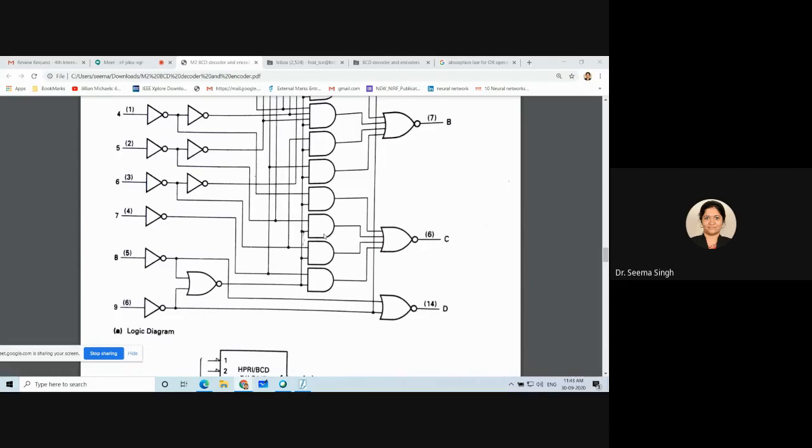In one D4, next D5, next D6, and next D7 was coming. So you can see that in this AND gate you are having D7, and in this AND gate you are having D6. This AND gate you are having D5, and in this AND gate you are having D4.